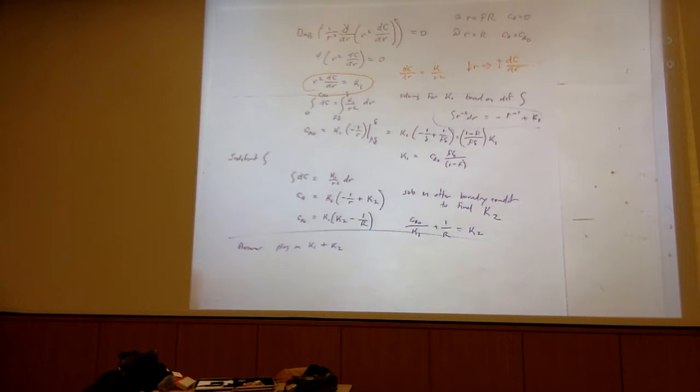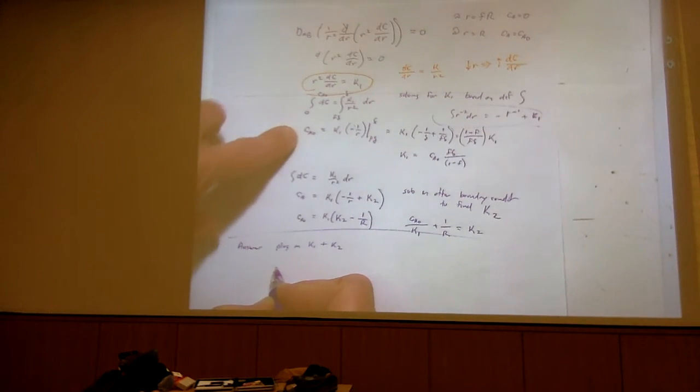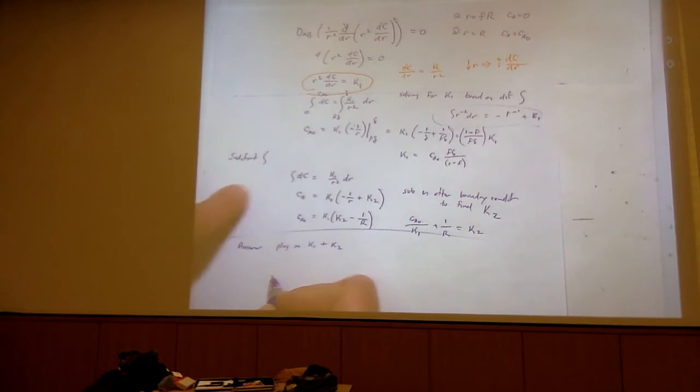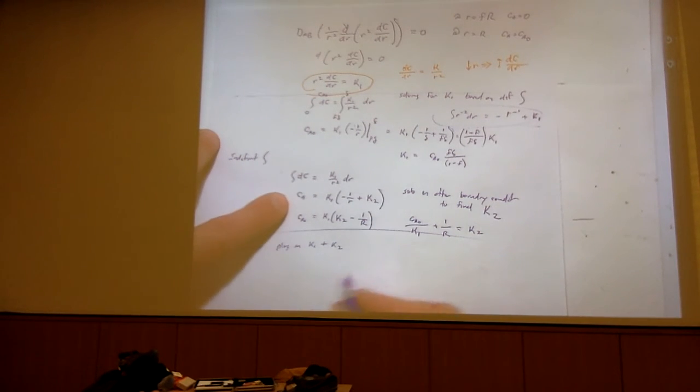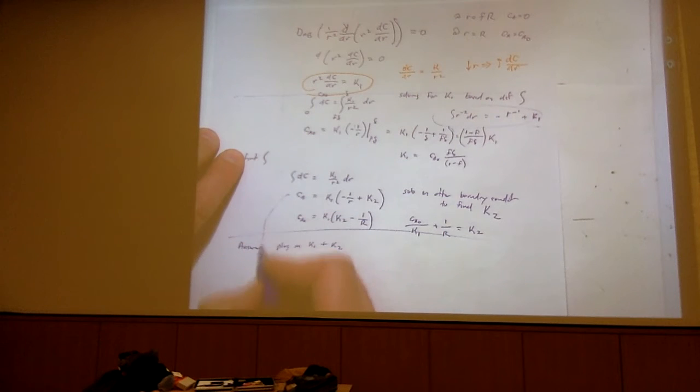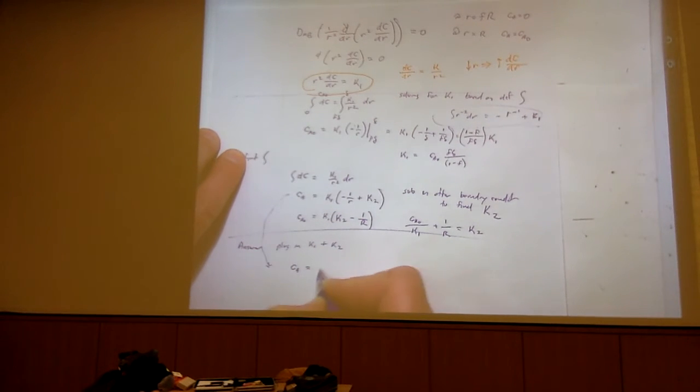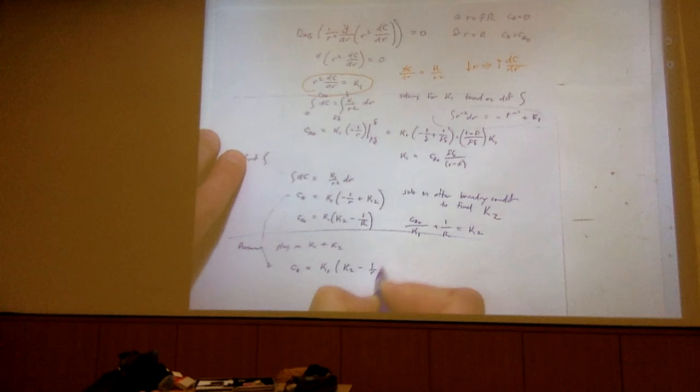I'm going to take my answer here, which is this one, and it's going to go on down. CA is going to be equal to K1 times minus 1 over R plus K2.